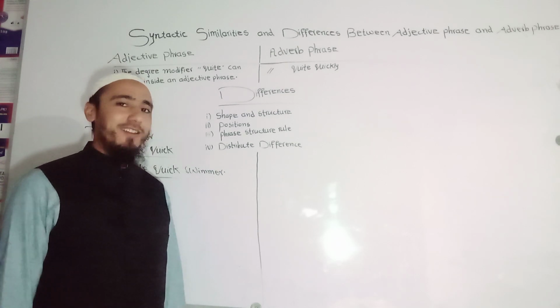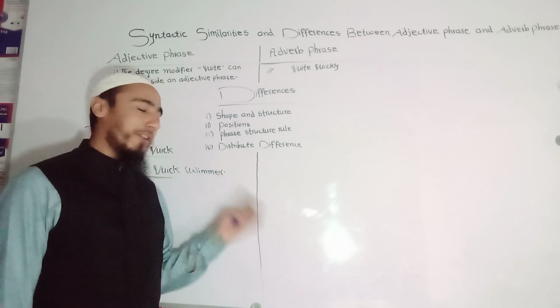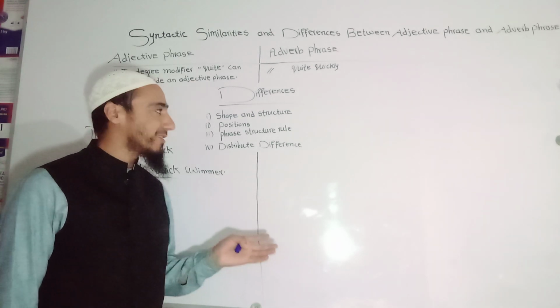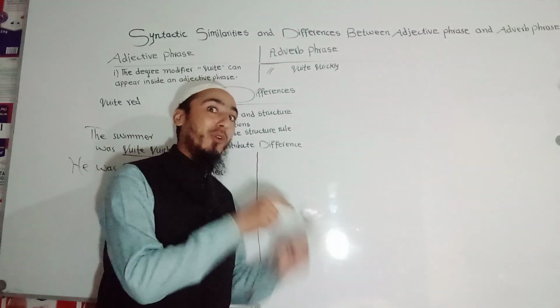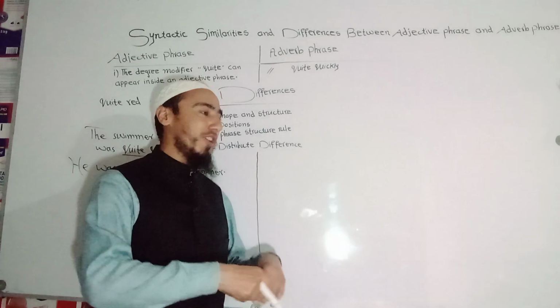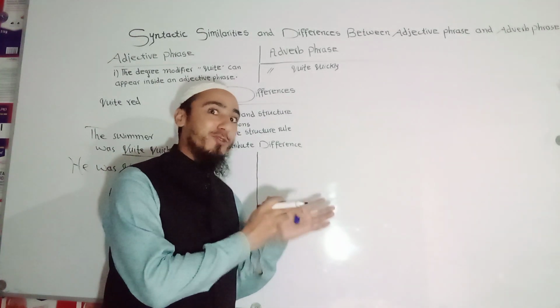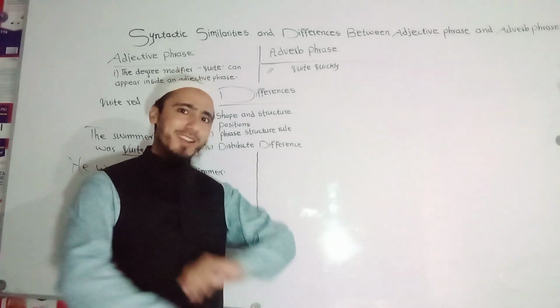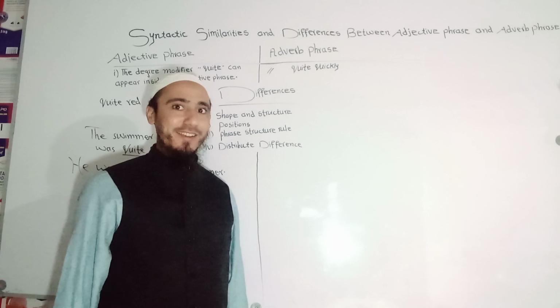The answer to this question is that the main difference between an adverbial phrase and an adjective phrase is that an adverbial phrase can roam. It can freely roam from one place to another in a sentence.